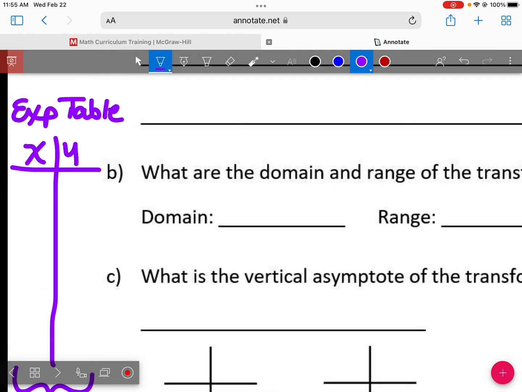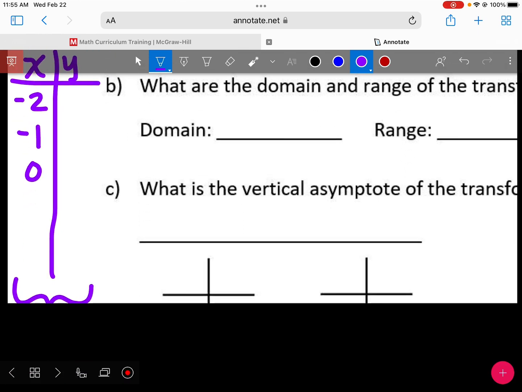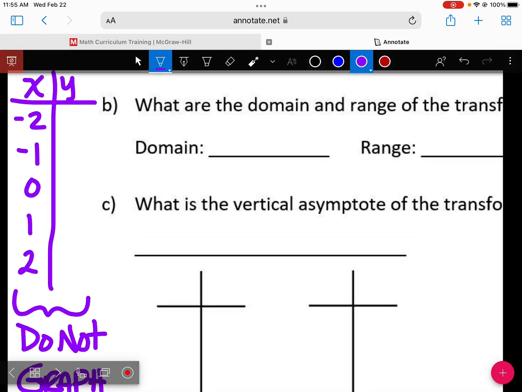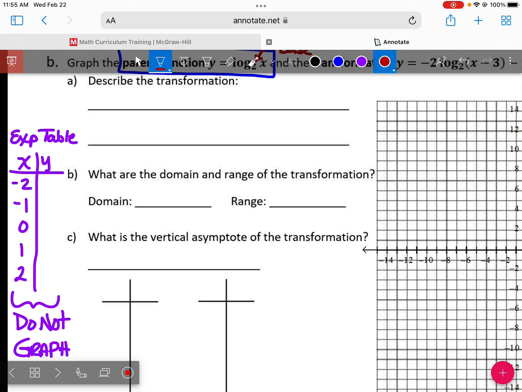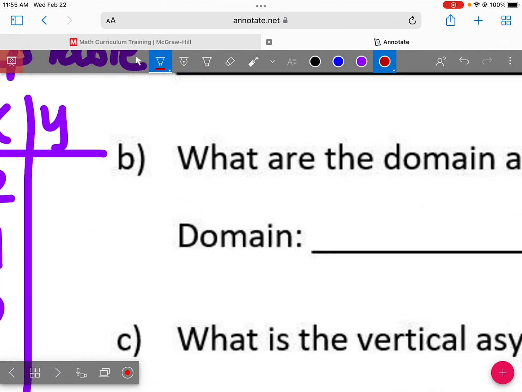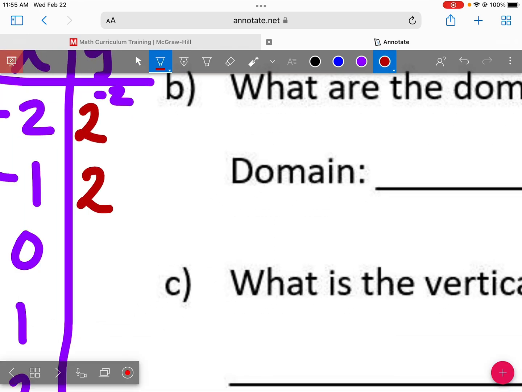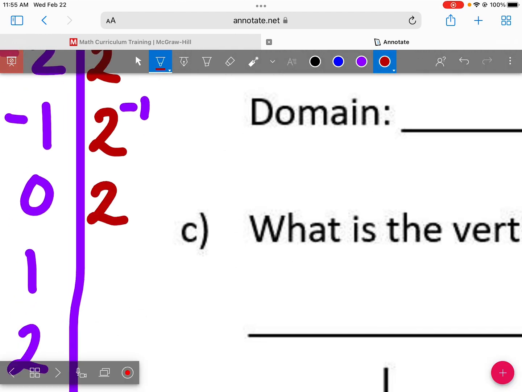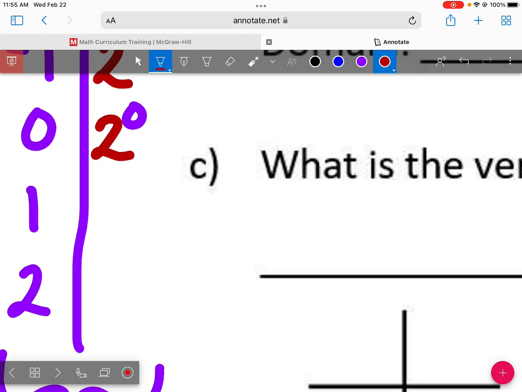Get my x's and my y's, -2, -1, 0, 1, and 2. What did you say the base of that log was? 2. So it's 2 to the -2, 2 to the -1, 2 to the 0, 2 to the power of 1, and 2 to the power of 2.